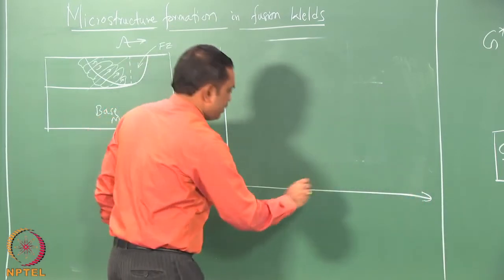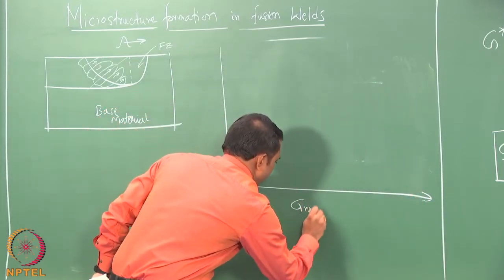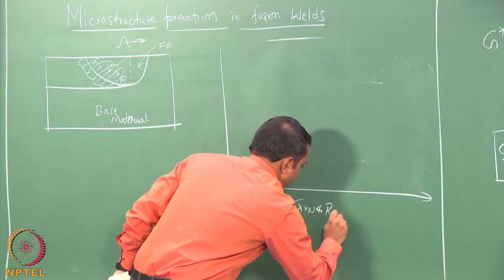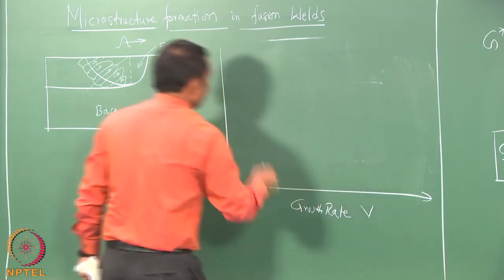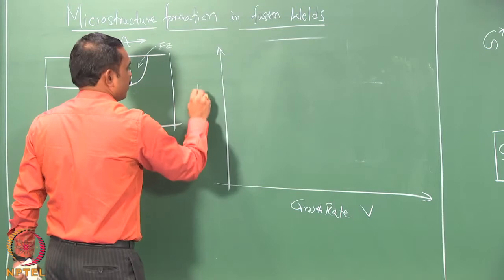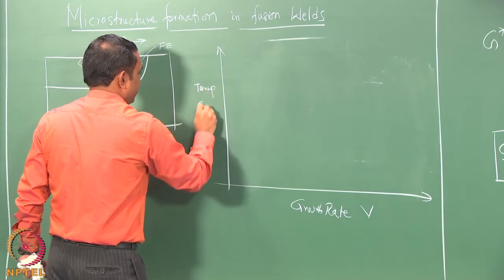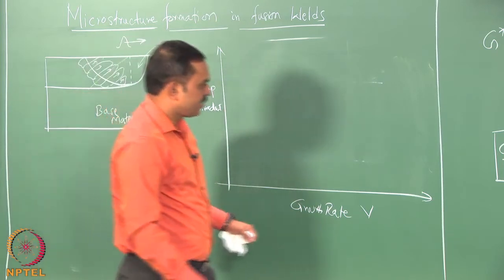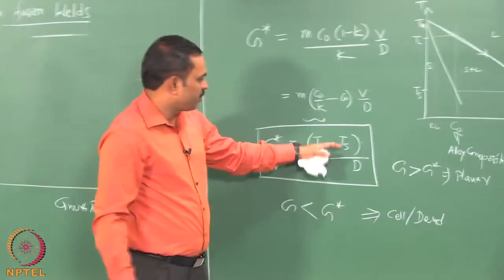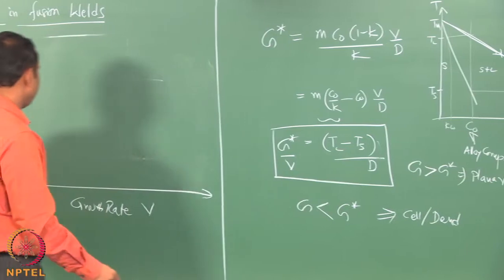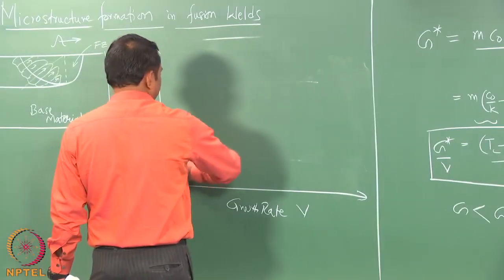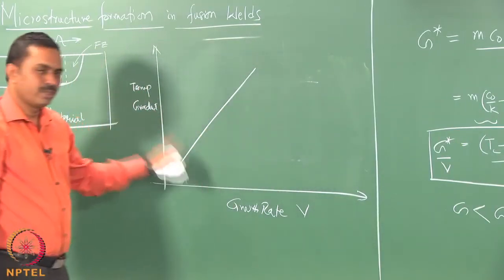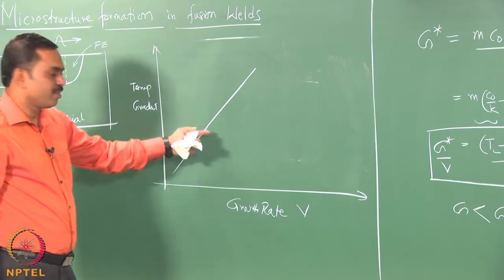So, along the x axis we have got the growth rate, and along the y axis we have got the temperature gradient. And what we have seen is that the ratio of these two must be some number, so that this transition can happen, which means that you are looking at some kind of a straight line. If you were to take a log plot, you basically have a 45-degree line.